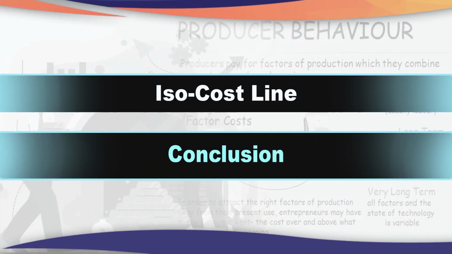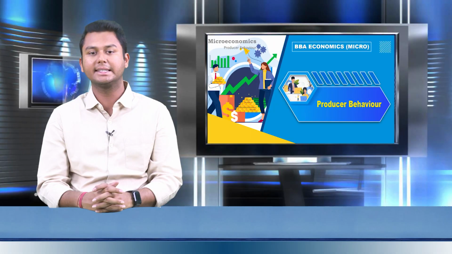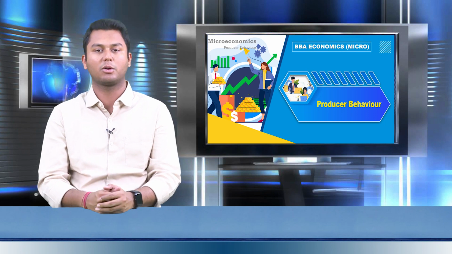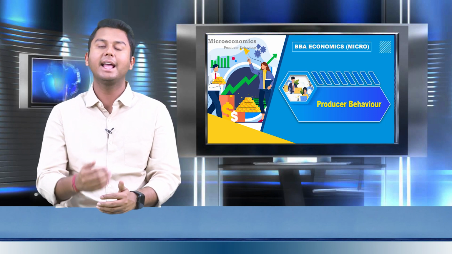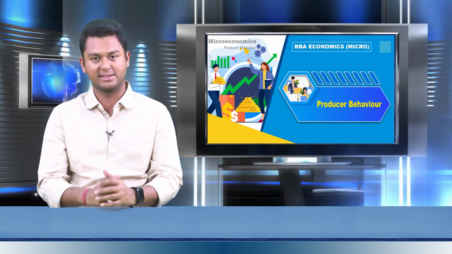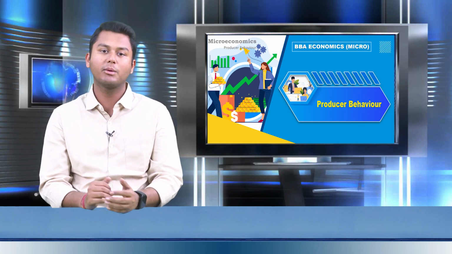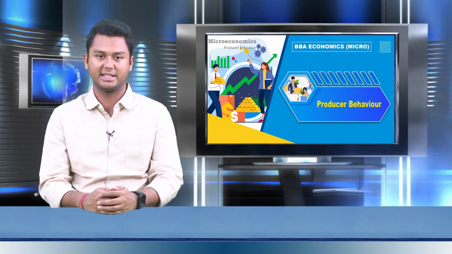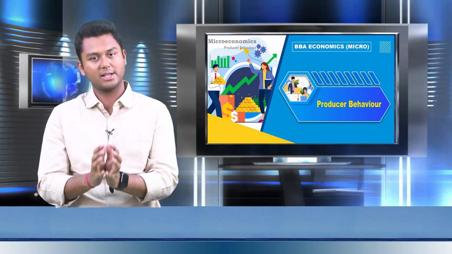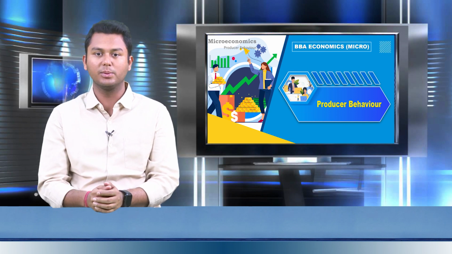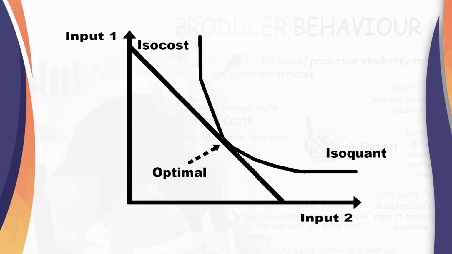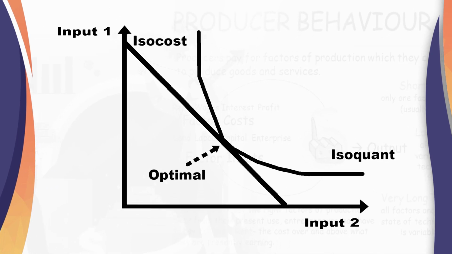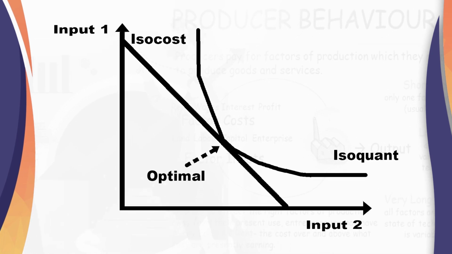If we conclude this particular section, then we can say that the isocost line is a fundamental concept in production theory, helping firms understand the cost constraint they face while choosing the best input combination. When combined with isoquants, which we will see later as well, it enables businesses to optimize resource use and achieve cost efficiency in production.